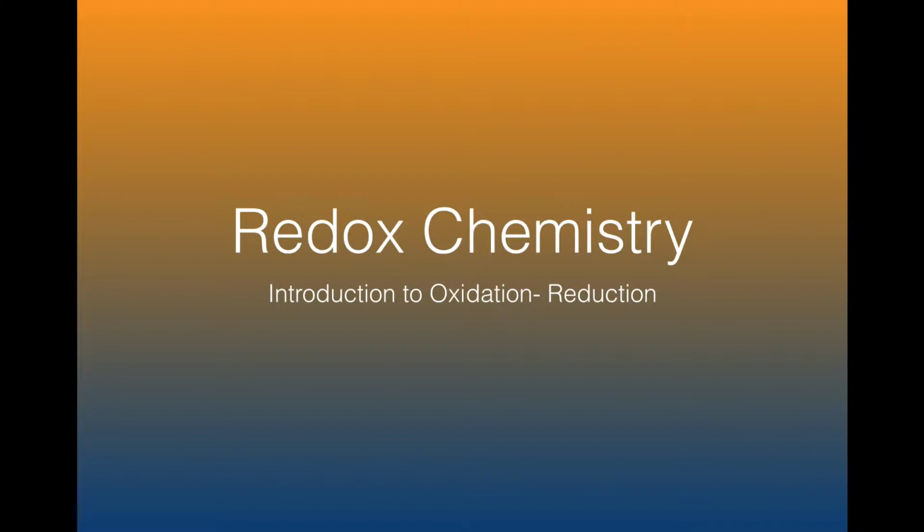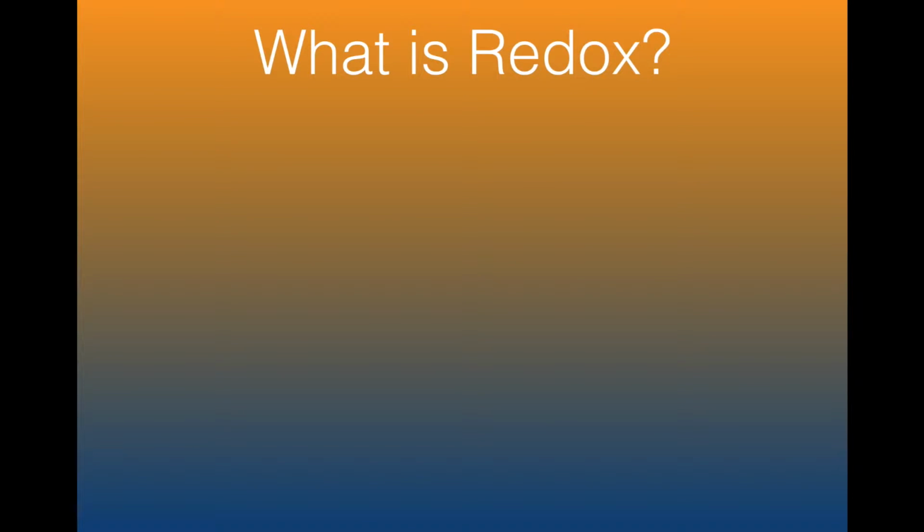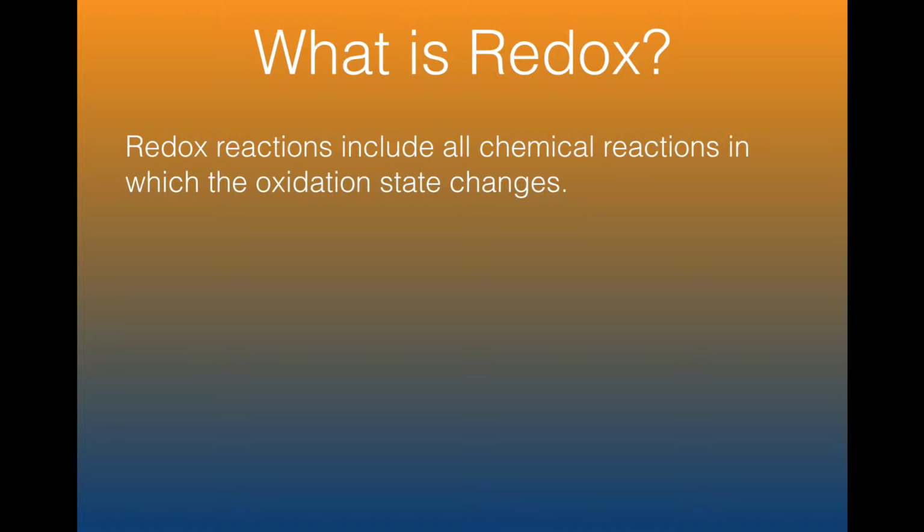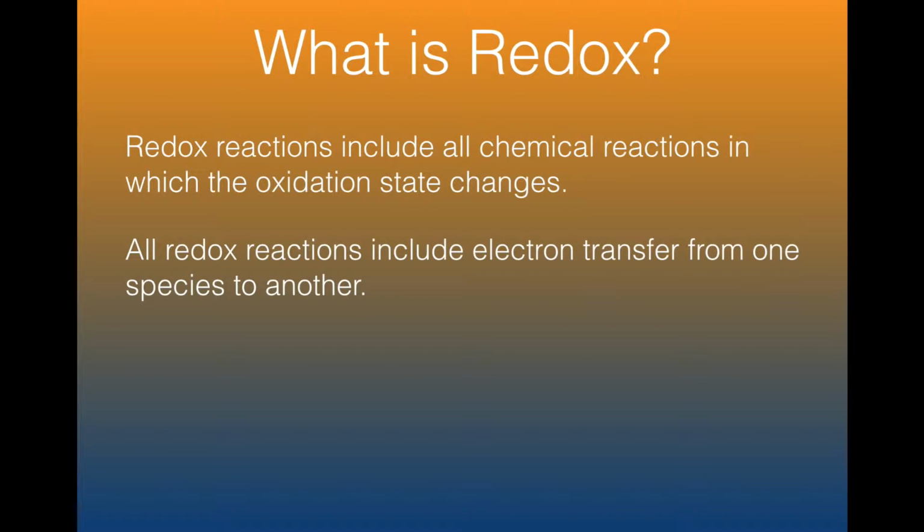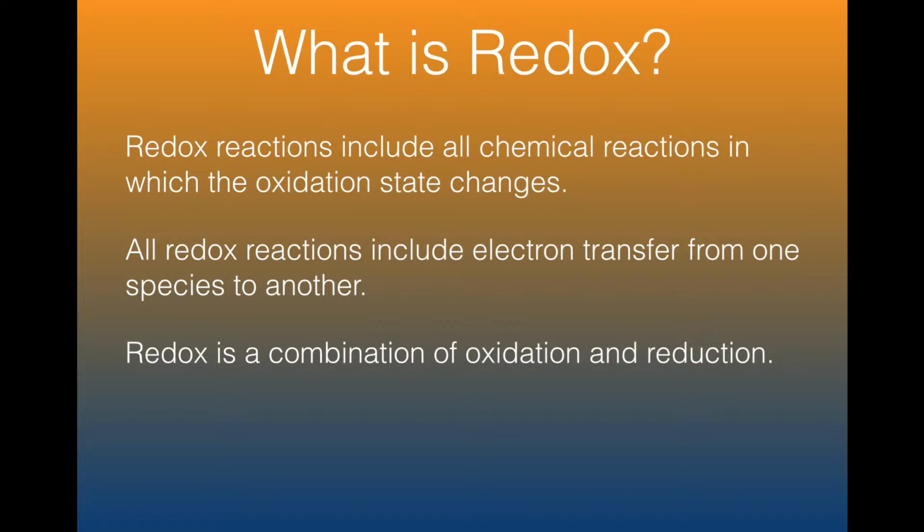This is the second series of Redox Chemistry, and this is the episode Introduction to Oxidation Reduction. What is redox? Redox reactions include all chemical reactions in which the oxidation state changes. All redox reactions include electron transfer from one species to another.